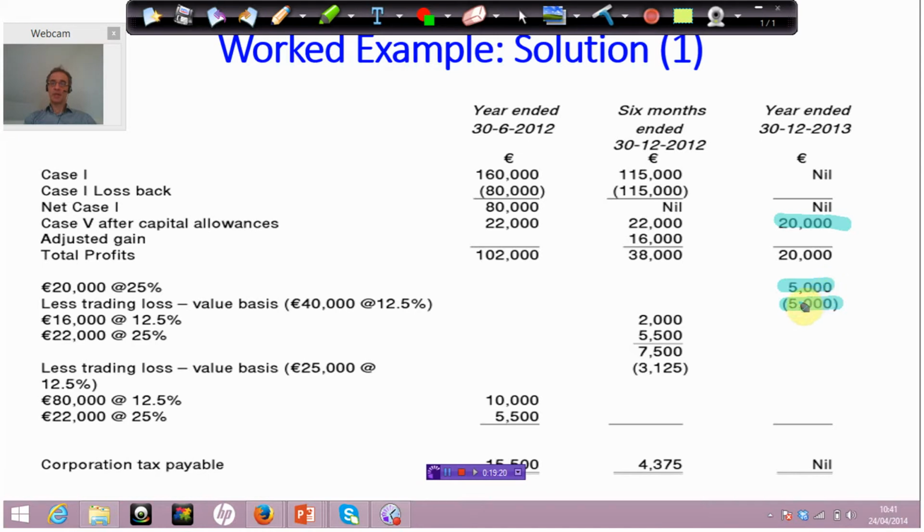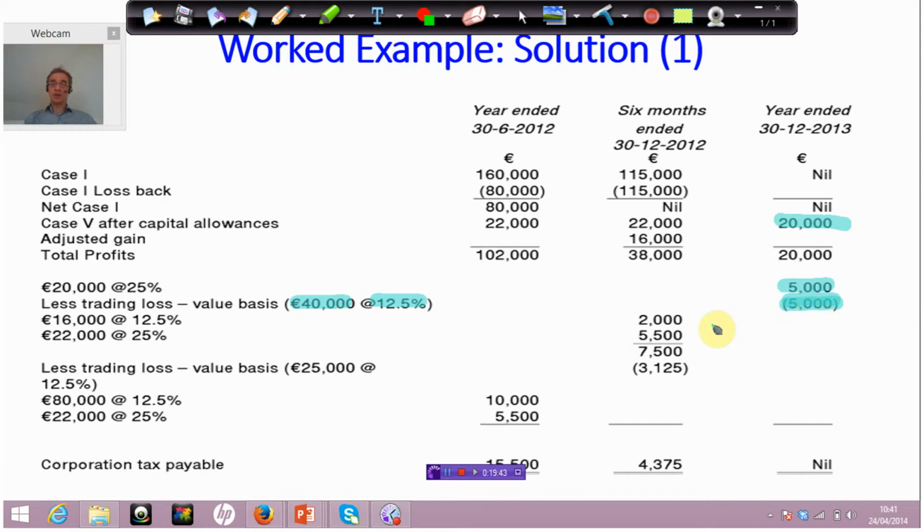And then we say, okay, we have some loss available. How do we utilize it? Well, we need to negate the tax that we've seen and use this loss as a sort of tax credit. So what you'll see here is we need this much of the loss to offset £5,000 worth of tax. And that's all we do. So that's our second step.